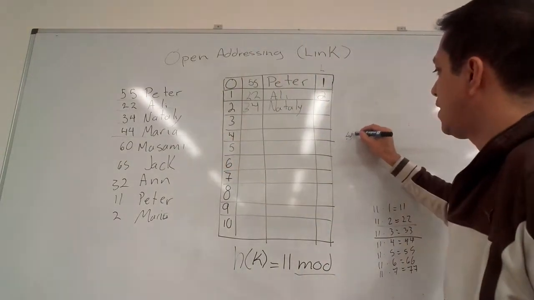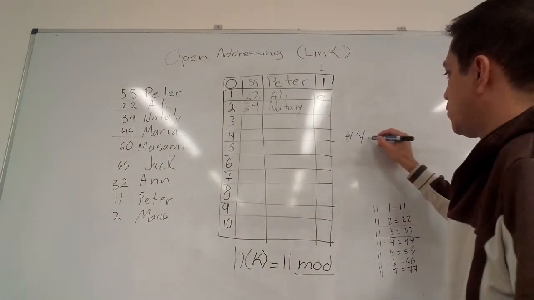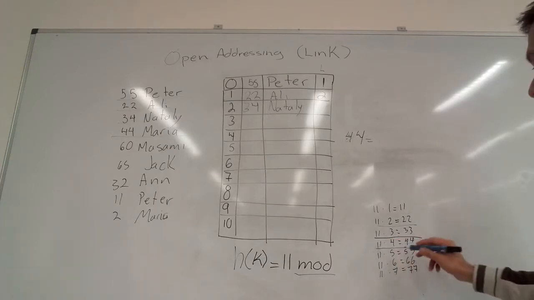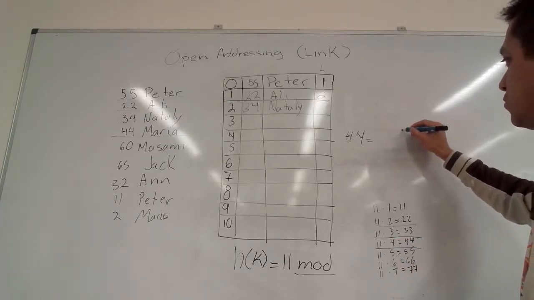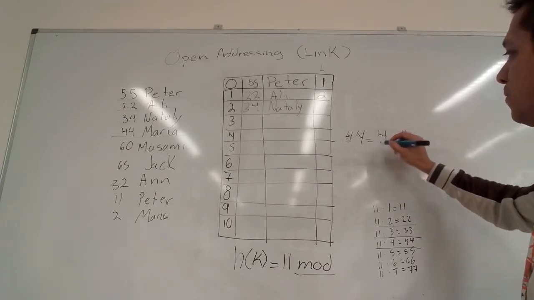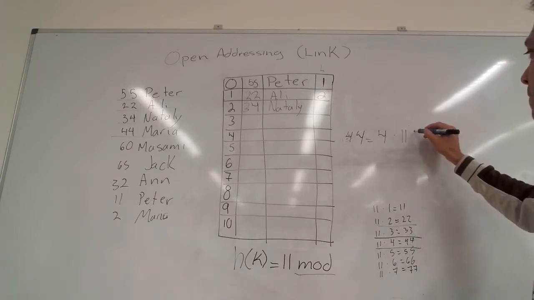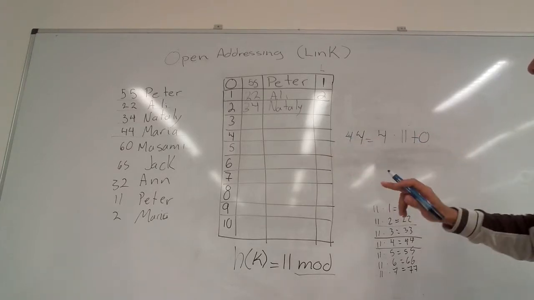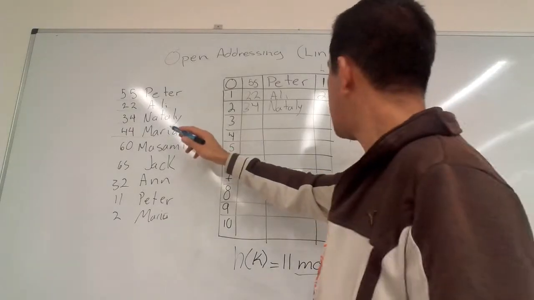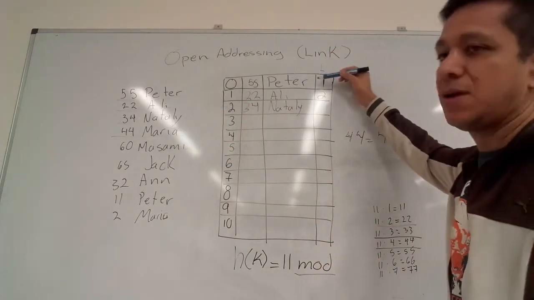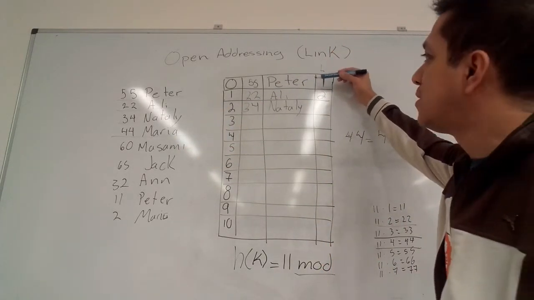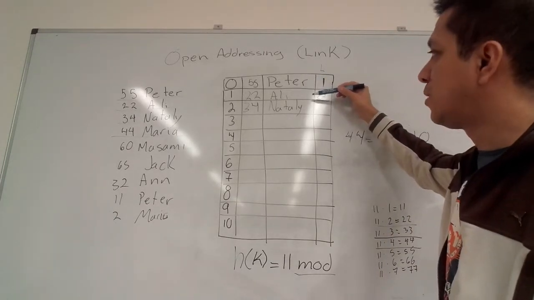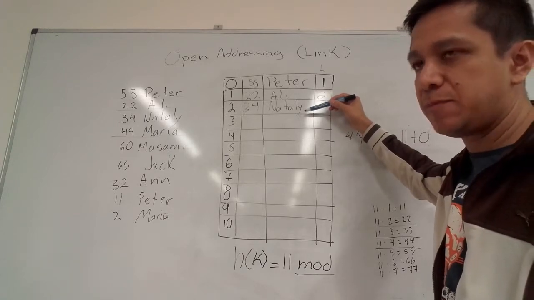Let's continue with Maria. Maria is 44 years old. We can use this multiplication, 11 by 4, which is 44, plus 0. So Maria should be here, but it's already occupied. This is not the correct place, and this is also not the correct place.